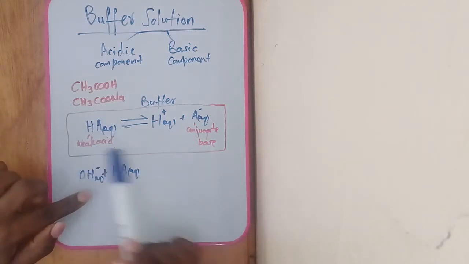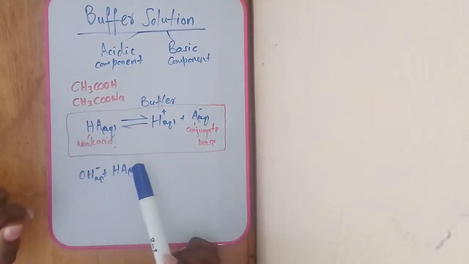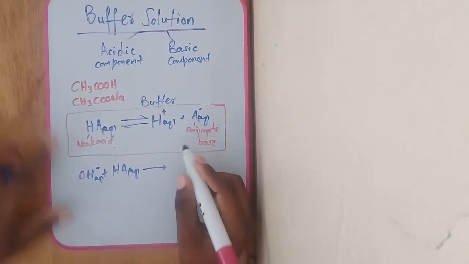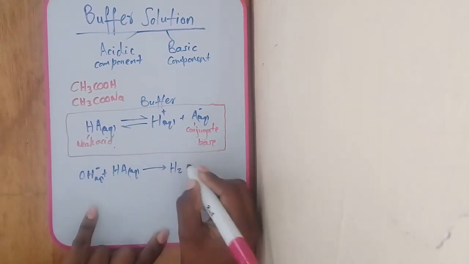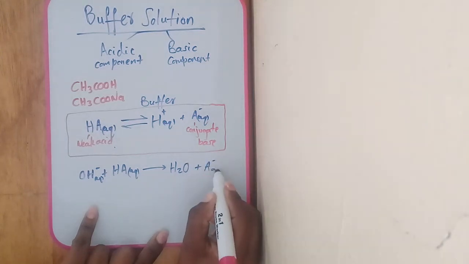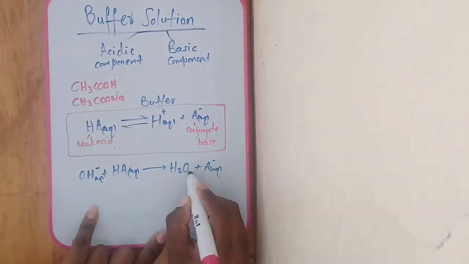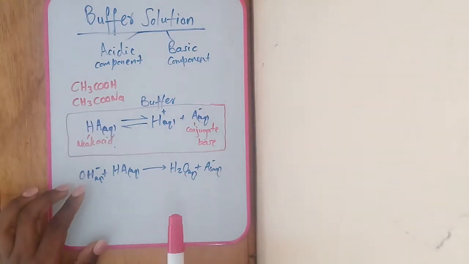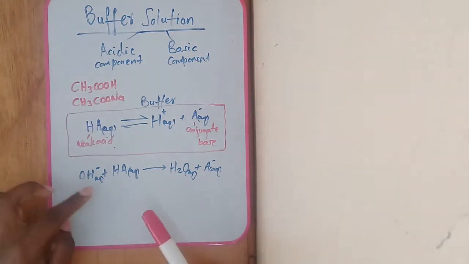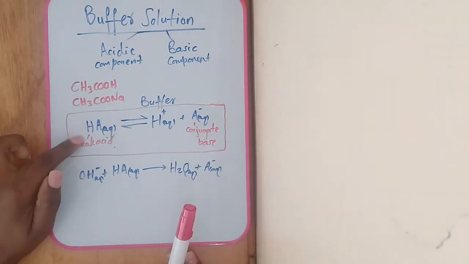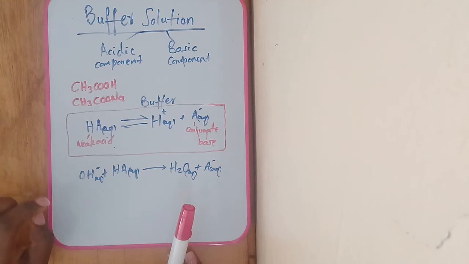So it will react with the weak acid, which is HA, forming H2O and more of A minus, our conjugate base. So this reaction here is the one that occurs when you add small amounts of the base. So it will react with the acidic part of the buffer.